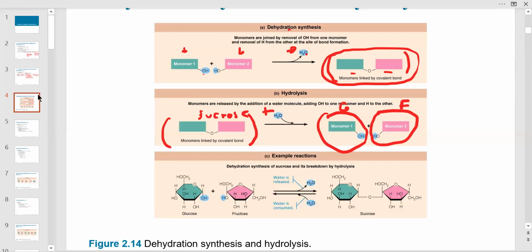Pretty good. And of course, it's reversible. As an example reaction, here's glucose and fructose. Two separate. So going from left to right in this reaction, is that anabolic or catabolic? Anybody with me?